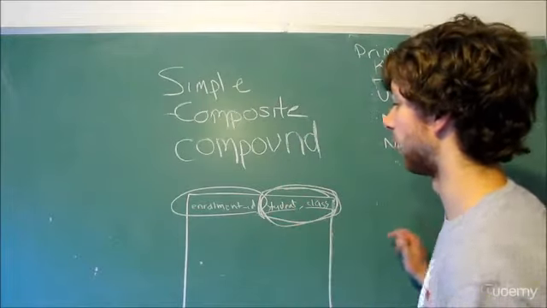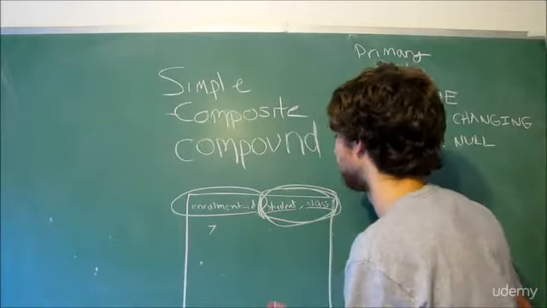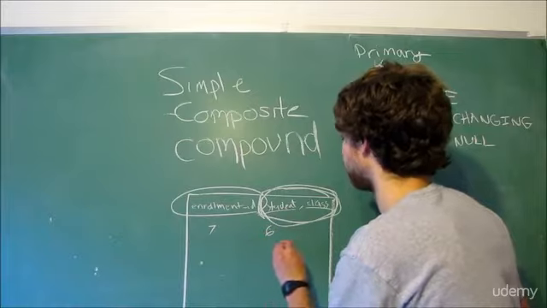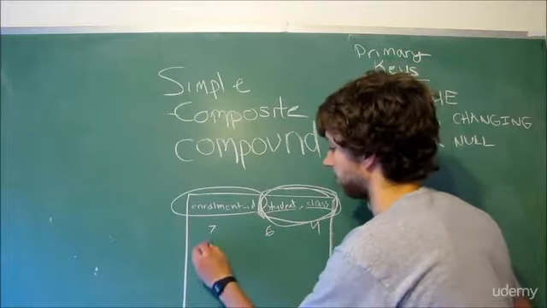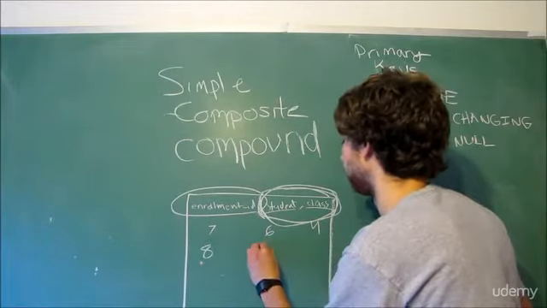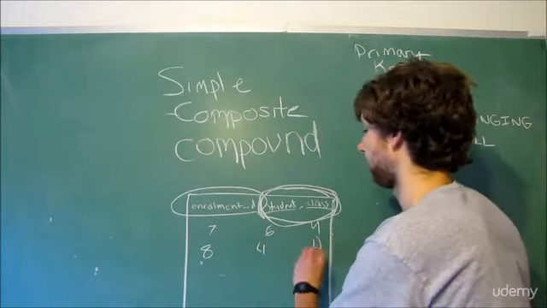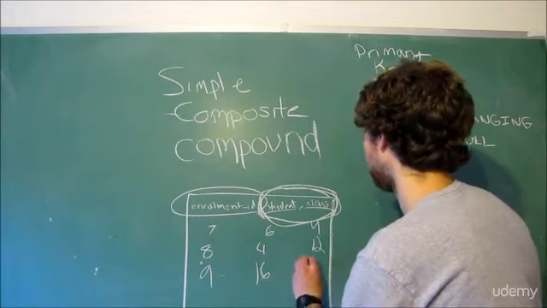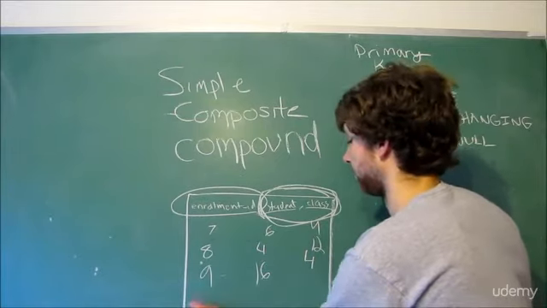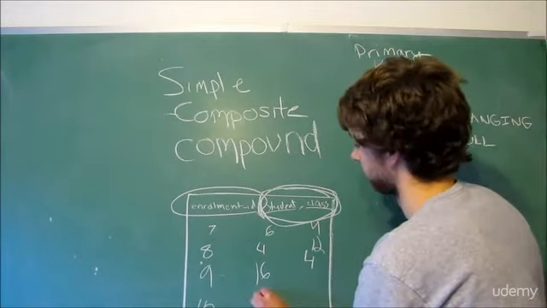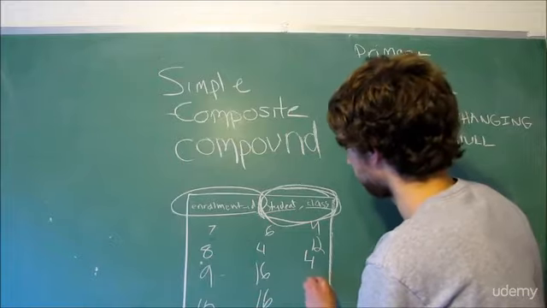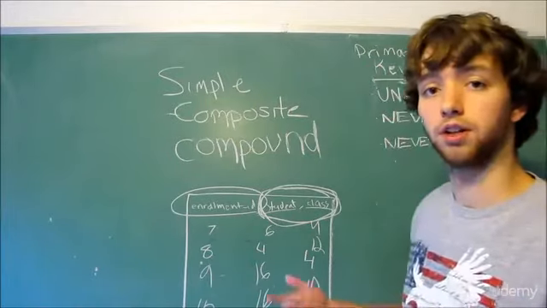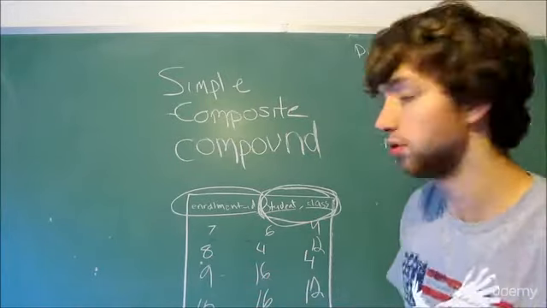But then you can use an enrollment ID, so you could have like 7, and then you could have student 6 in the class 4, and then you could have 8 with the student 4 in class 12, and then you can have 9 with the student 16 in class 4, and then we could have 10 with student 16 in class 12, and so forth. That's just an example of what some people do.